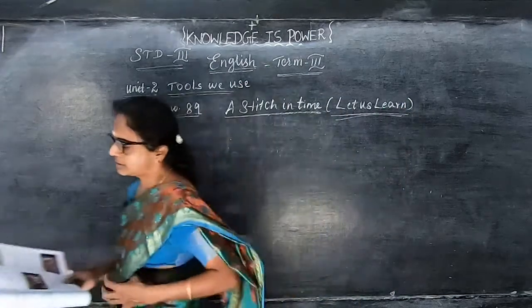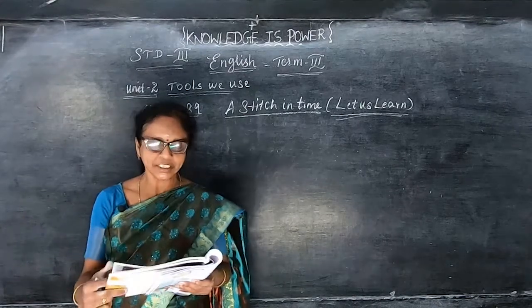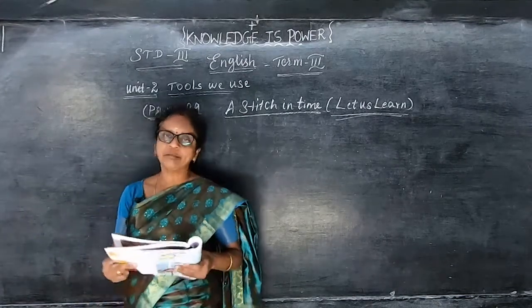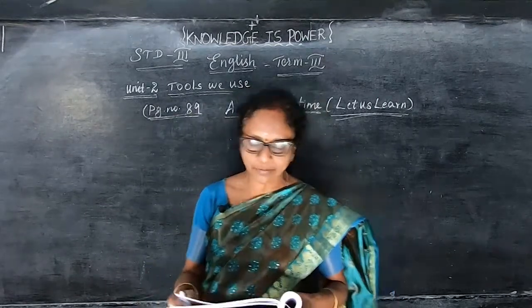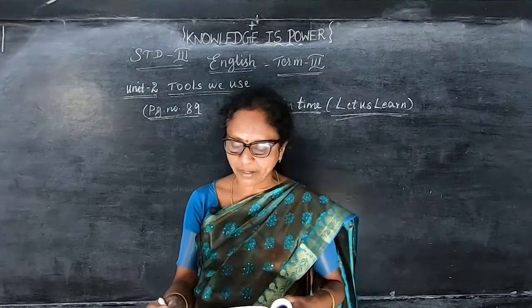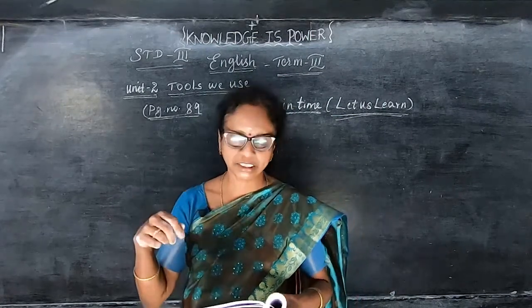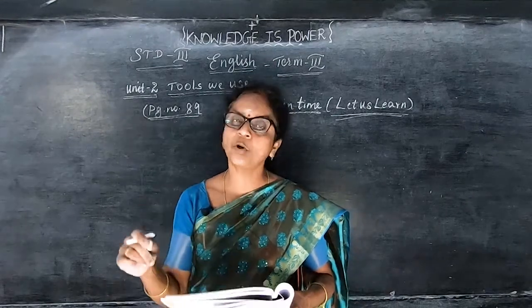Here in this, a story about a boy. Oh no, wails Shyam. Shyam is a boy. Why is he shouting, oh no? Because the seams of his favorite shirt have come apart. So while he is wearing the shirt, it's torn.